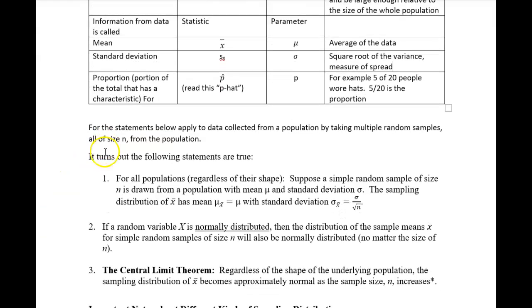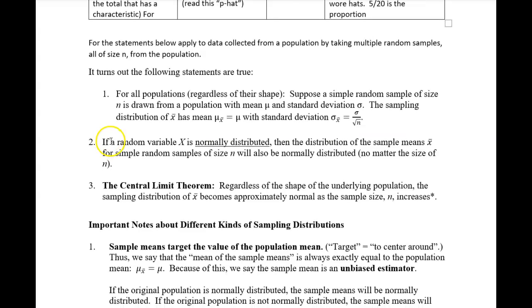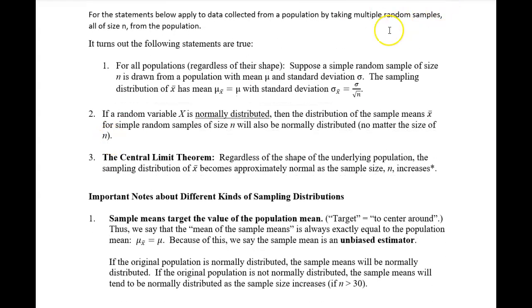There we go, sorry. These statements apply to data collected from a population by taking multiple random samples. Sometimes when we can't ask everybody, we can take a bunch of different samples, all of the same size, pick some size n, it could be 100, or n can be 50, from the population.